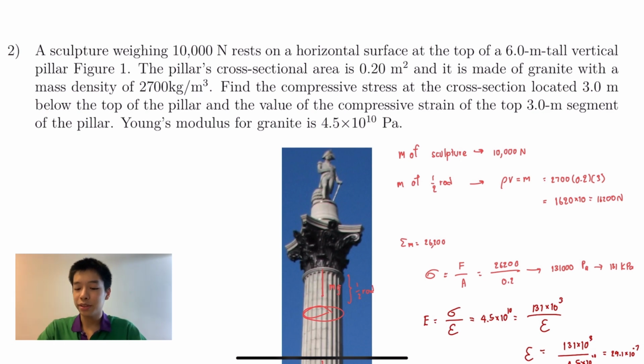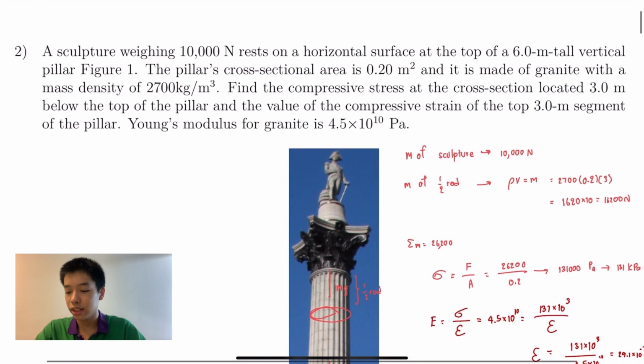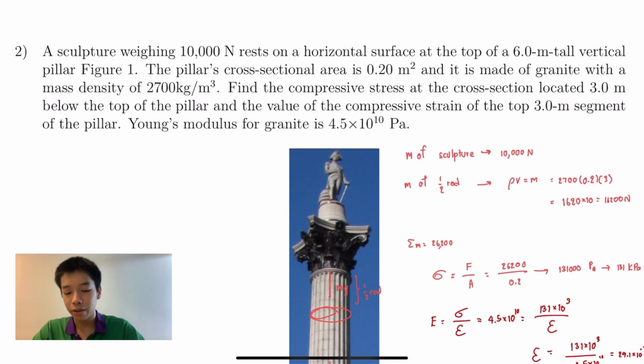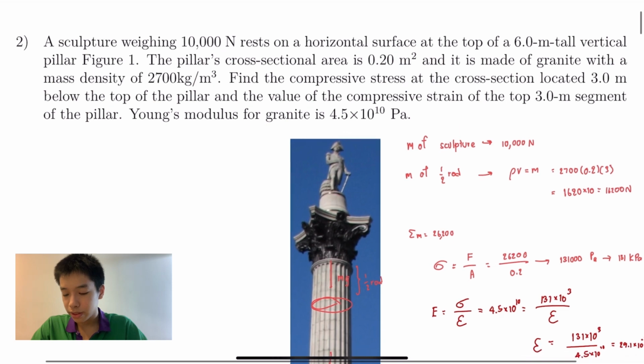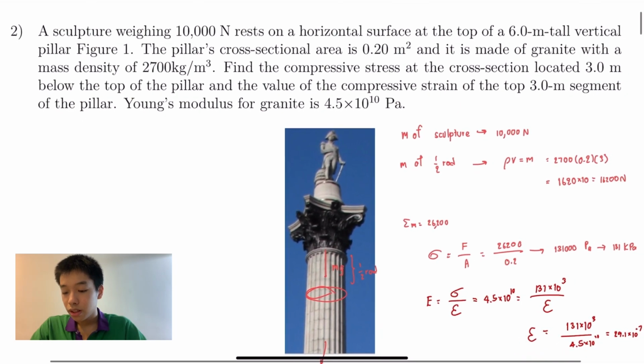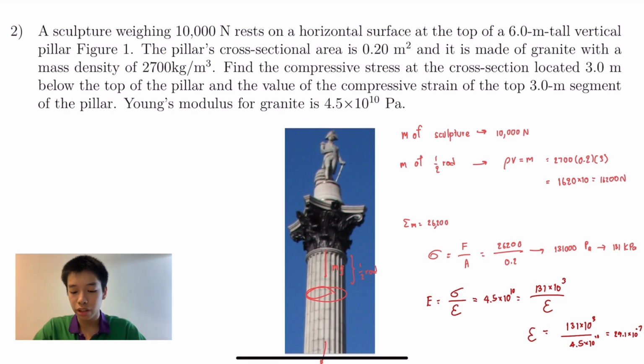Find the compressive stress at the cross-section located 3 meters below the top of the pillar and the value of the compressive strain of the top 3 meter segment of the pillar. Young's modulus of granite is 4.5 times 10 to the power 10 Pascal.